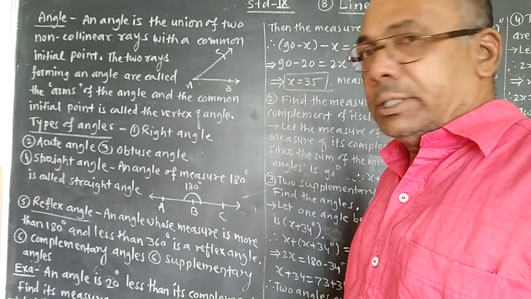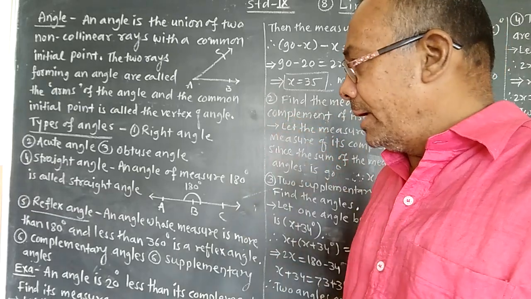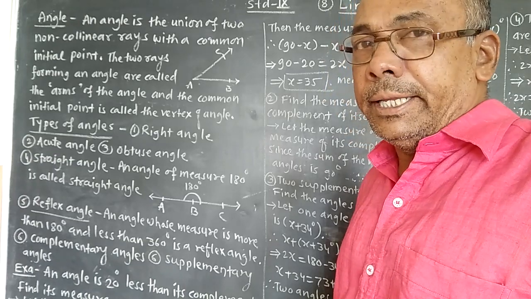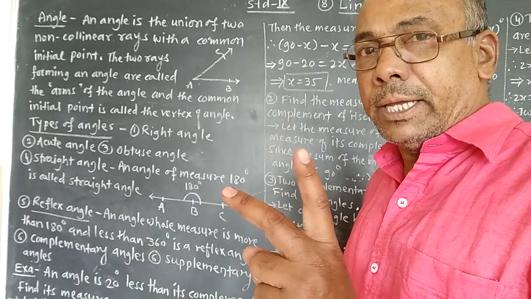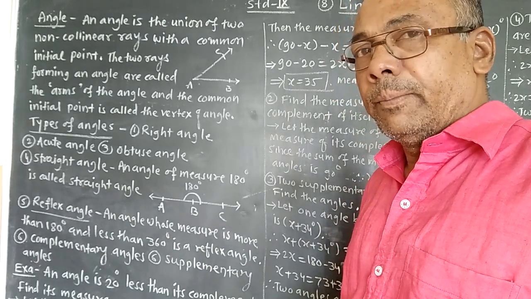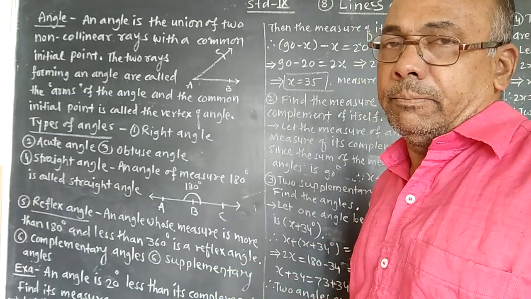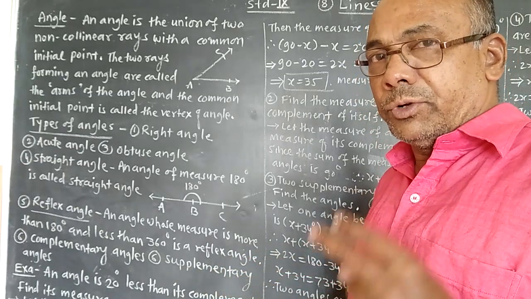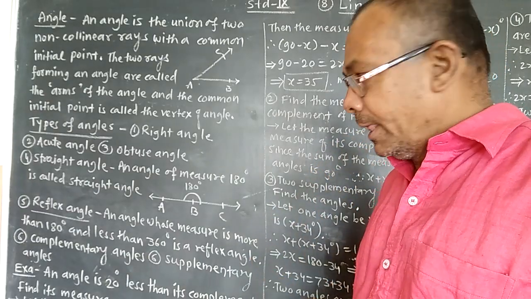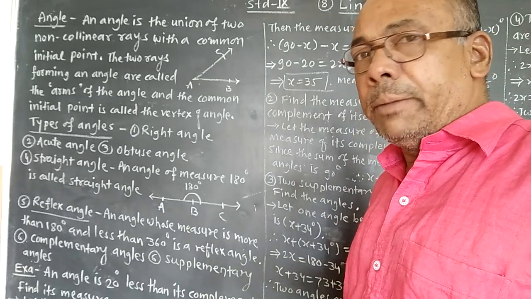For complementary angles we consider two angles, and if the sum of the two angles is 90 degrees, then both angles are called complementary angles of each other. Similarly, we see supplementary angles. Here also we consider two angles, and if the sum of the two angles is 180 degrees, then the angles are called supplementary angles.